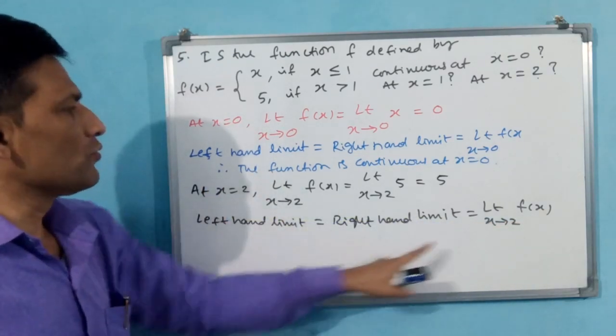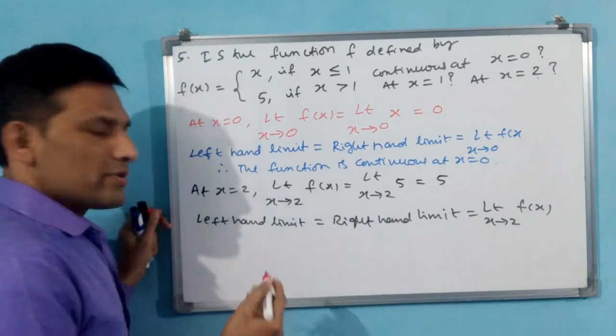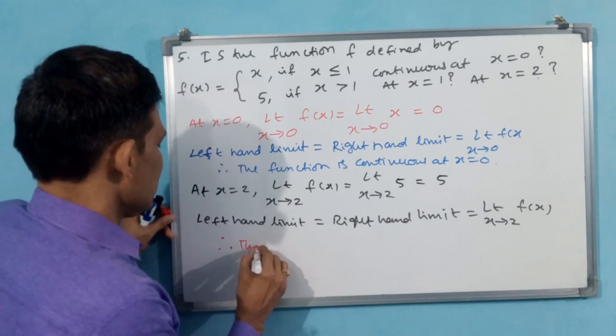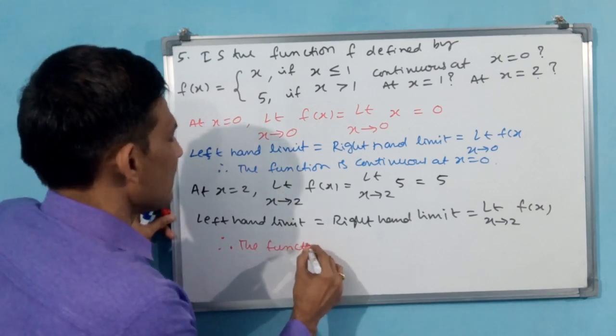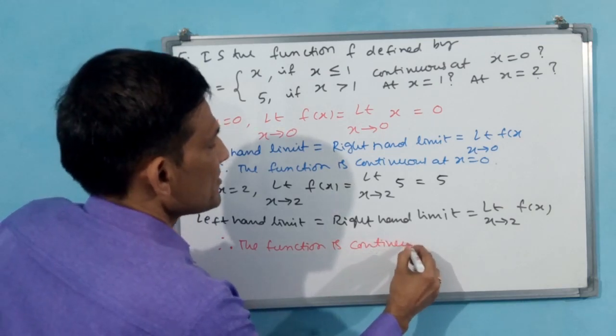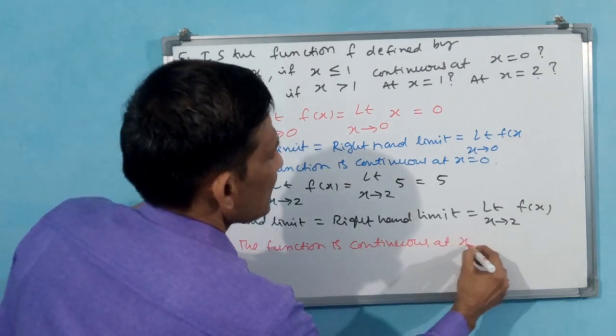Why? Because at x is equal to 2 we are doing. Now what you are going to write? You are going to write like this. The function is, therefore, continuous at x is equal to 2.